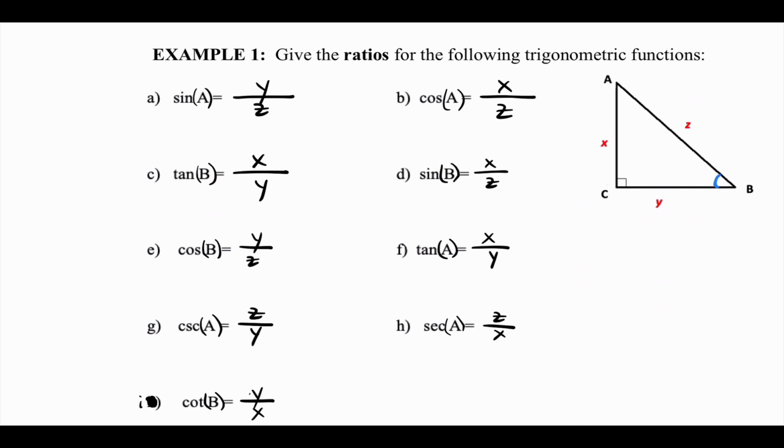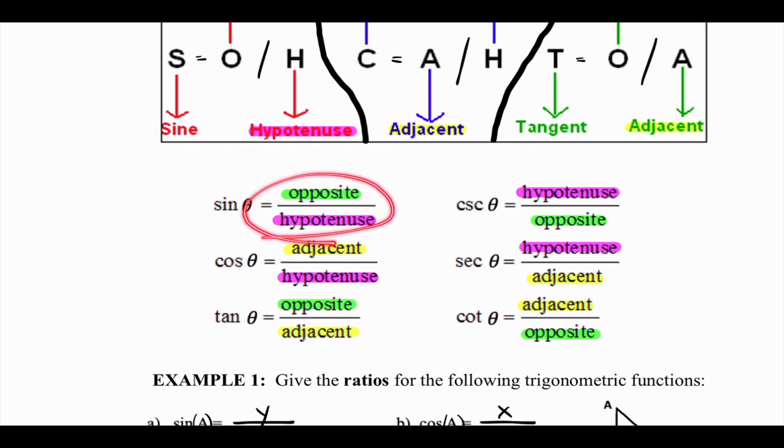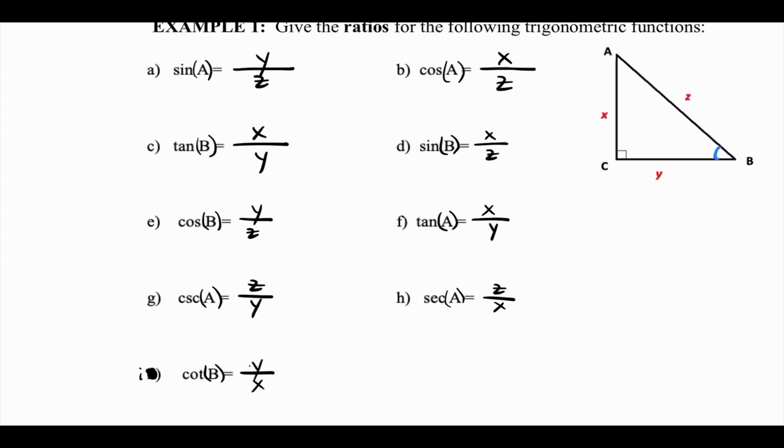So a couple things. Cosecant of A is just the reciprocal of sine of A, right? Those two are just reciprocals of each other. Same thing with secant. Secant of A is the reciprocal of cosine of A. Cotangent of B is the reciprocal of tangent of B.